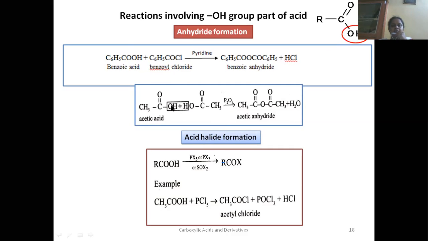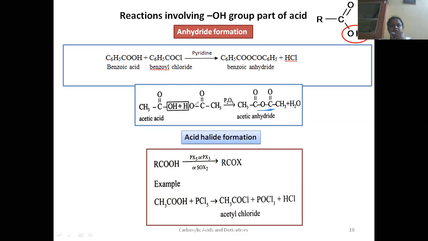What happens is there is a loss of a water molecule: hydrogen from one molecule and OH from the other molecule are eliminated as H2O, water, and there is a bond formation between the C double bond O group and the oxygen here. This is known as the anhydride bond.